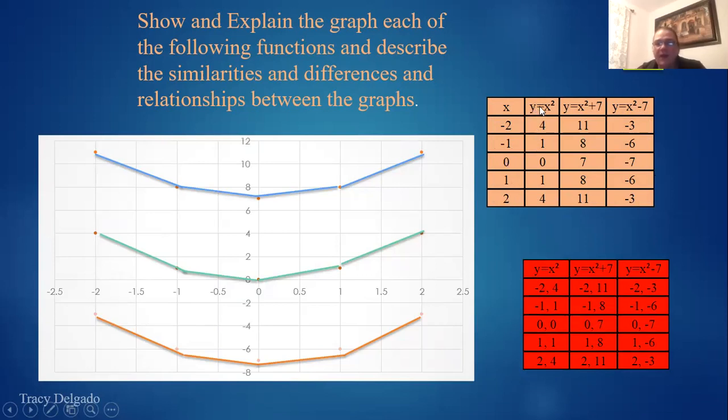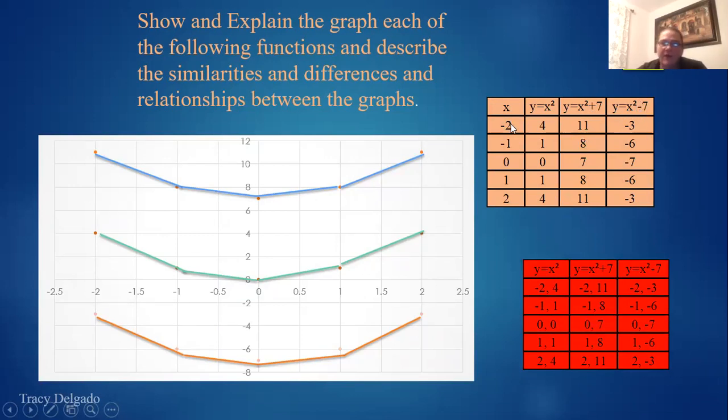And we were given y equals x squared. Our second one is y equals x squared plus 7. And our third one is y equals x squared minus 7. And we can tell also that if it's going to go up and down, the plus sign means it will be going up, and the minus sign means it's going down.